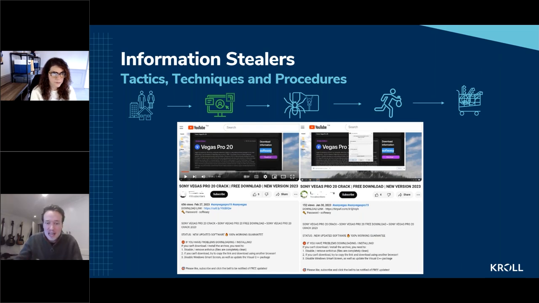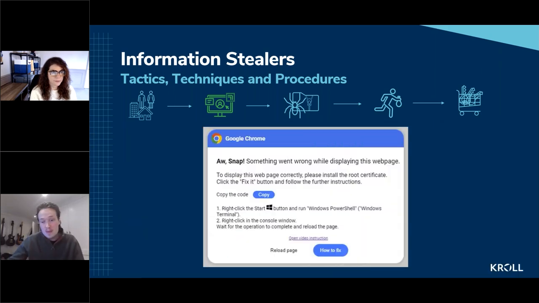This is classic, right? It even says there in the description, make sure that you disable or remove your antivirus because the files are completely clean. Well, I can tell you right now they're not, and that was leading to information stealing malware. These videos live for maybe a day or 2 days, but then they were quickly taken down by YouTube.